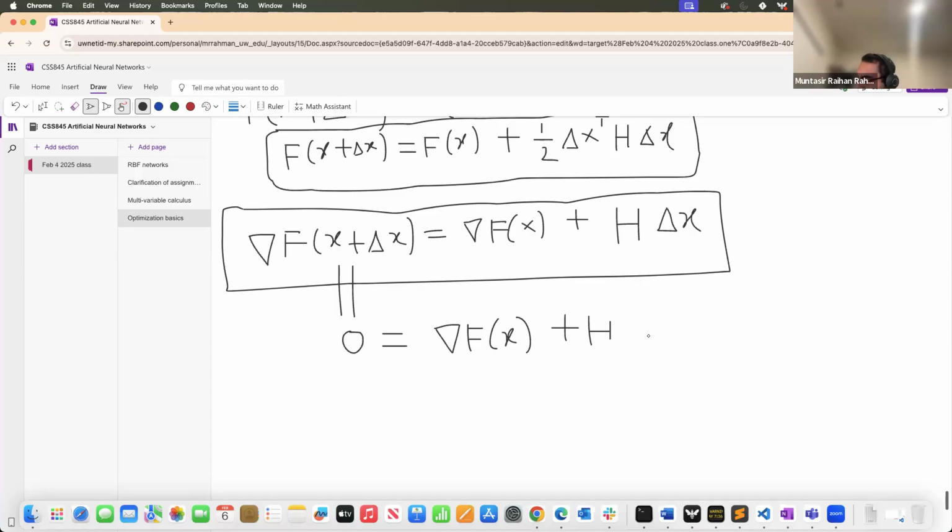I'm going to call that x, let's just use k here.